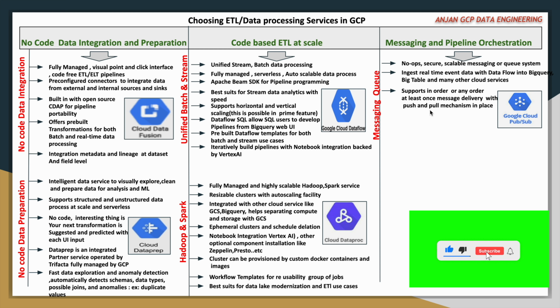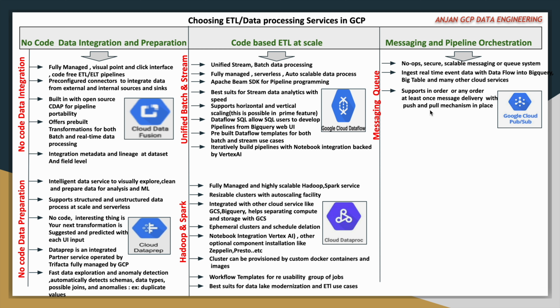Okay, for example, let's say in case of streaming data, we are not sure whether you will get your messages in order or out of order. So in order to process that type of data, you should have the capability to process both ordered and out-of-order messages. Okay, Pub/Sub supports that, and Pub/Sub also supports two mechanisms to deliver your data. We call it push.